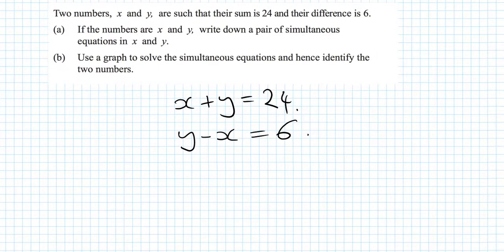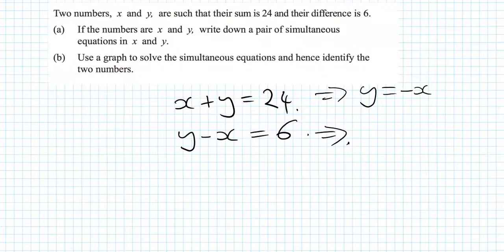Now we're going to have to graph these. Before we do that, let's rewrite these in a better format. I'll take x from both sides of the top one, and I'll end up with y equals minus x plus 24. Then if I add x to both sides of the lower equation, I'm going to have y is equal to x plus 6.